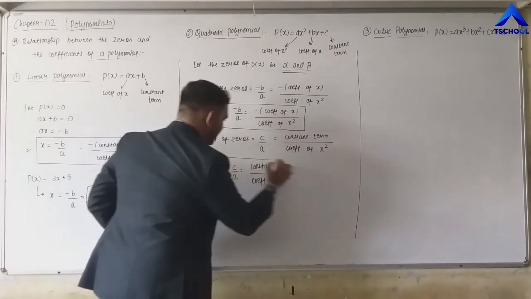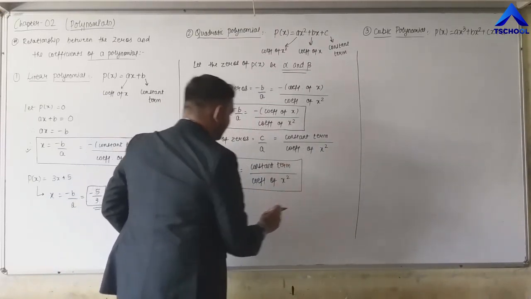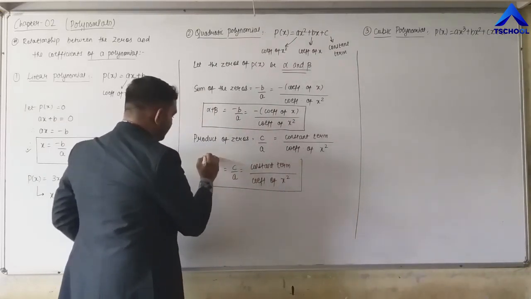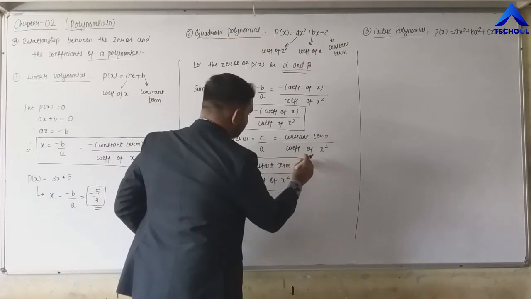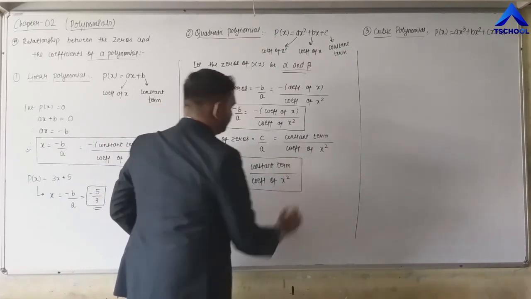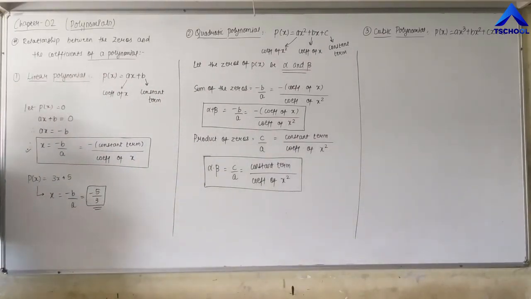Right? So this is the second relation that we define for a quadratic polynomial. Is it clear? The sum of the zeros and the product of the zeros.